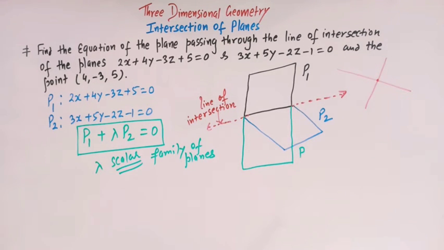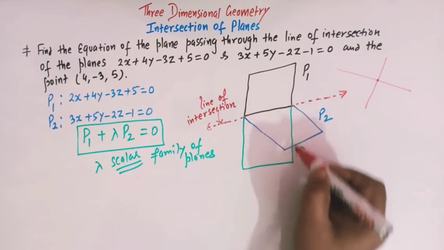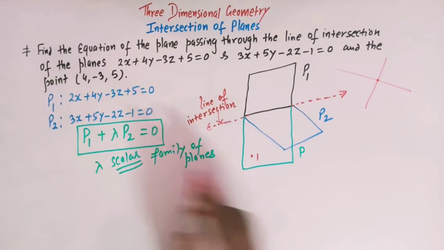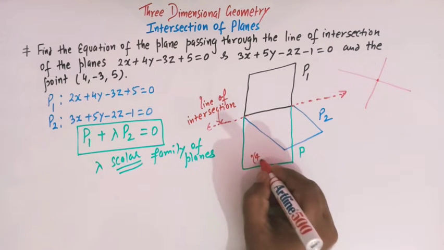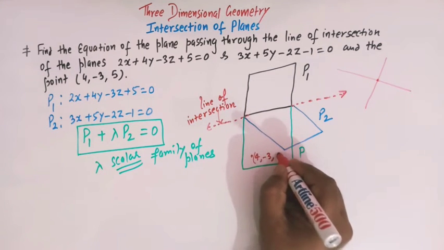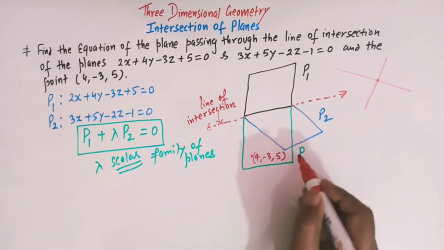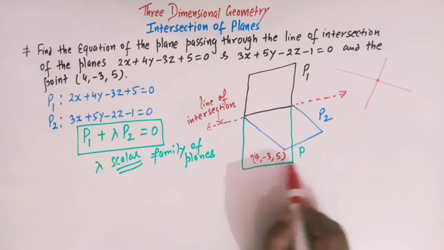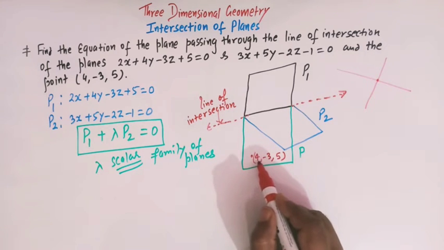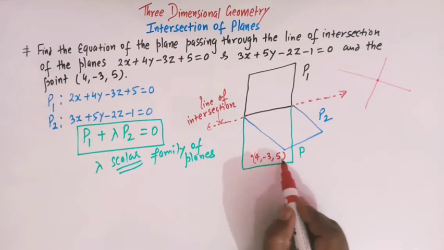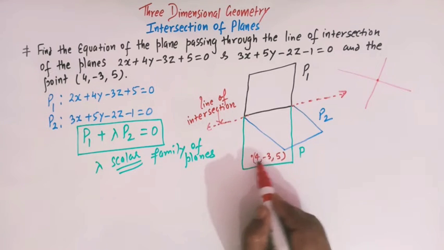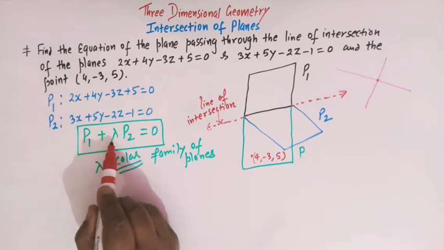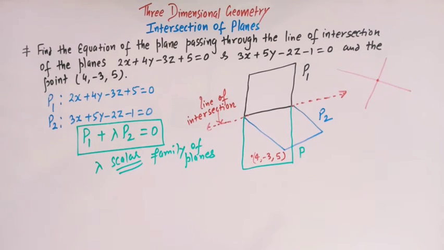It means that this third plane P passes through the point (4, -3, 5). So this plane P, whose equation is required, passes through the point (4, -3, 5), and this point will be utilized to find out the value of this scalar λ.